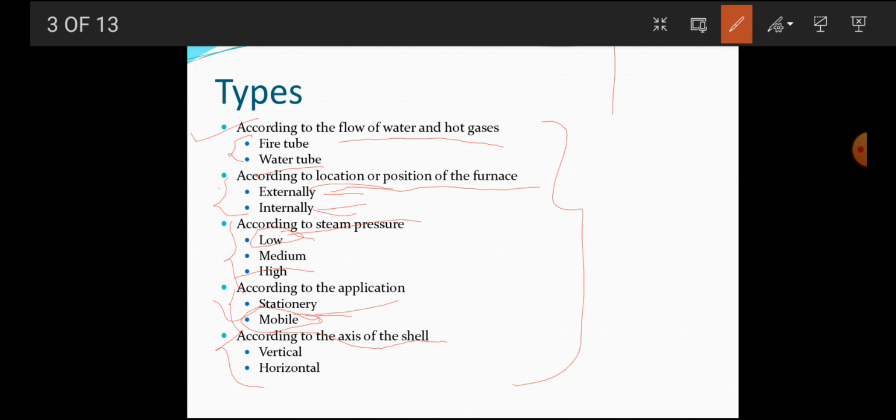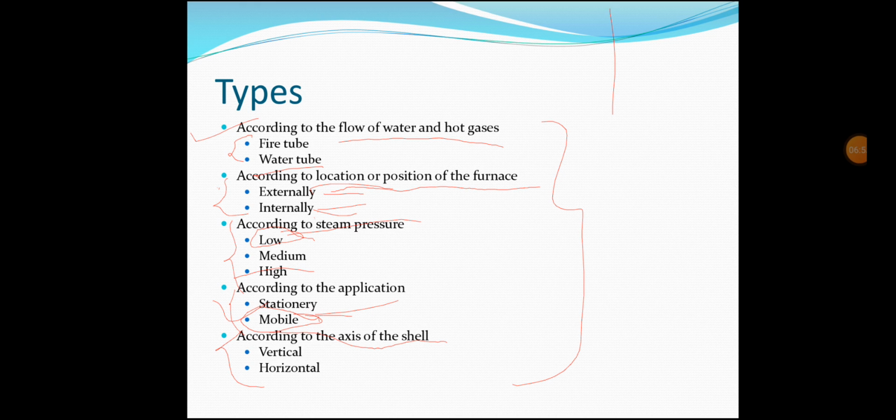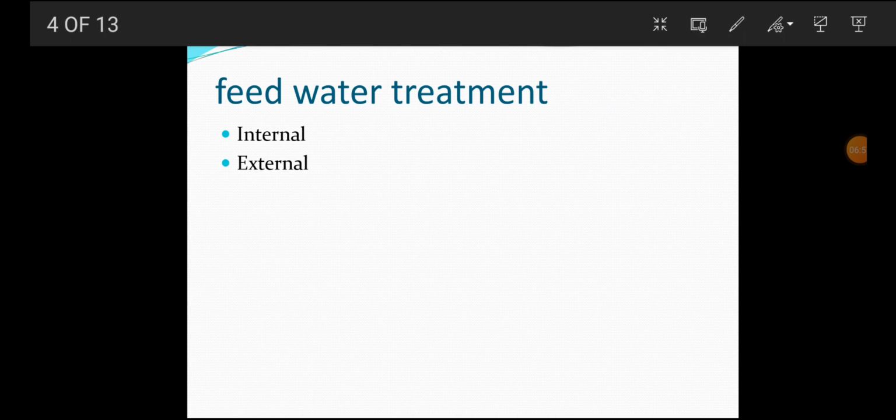Then next we are going to discuss feed water treatment. In feed water treatment, the water which we are going to feed into the boiler, how can we conserve energy from that?